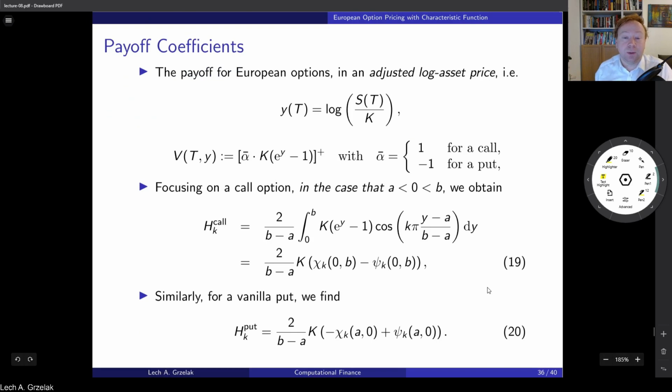So let's see. First of all, we have to define the adjusted log asset price, which essentially means that our new variable y is given in terms of the logarithm of the stock at maturity divided by K. It's a kind of scaling coefficient. This will also be very helpful later when we talk about vectorization, because at the end we are interested in evaluating call or put option prices for multiple strikes.